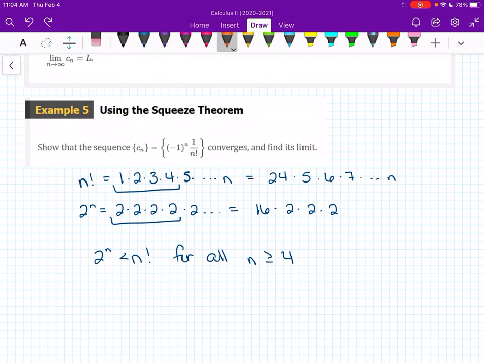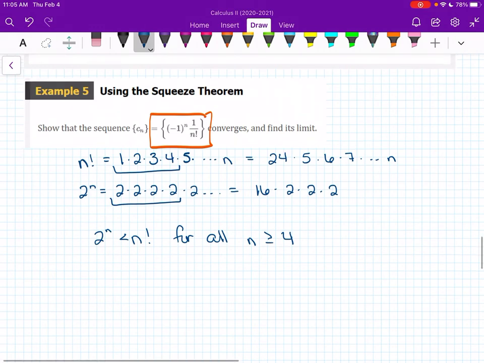Well, this is helpful because I can now sandwich my sequence between 1 over 2 to the n. Essentially, since I know this is true, the reciprocals are going to be the opposite, right? So then I can say 1 over n factorial is less than 1 over 2 to the n, okay?